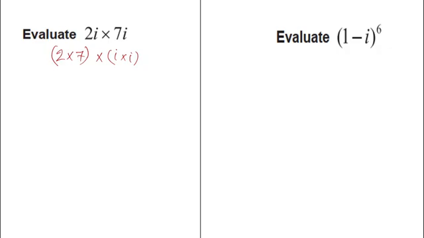So 2 times 7 is 14. i times i is i squared. So 14 i squared, where i squared is minus 1. So the simplified answer is minus 14.